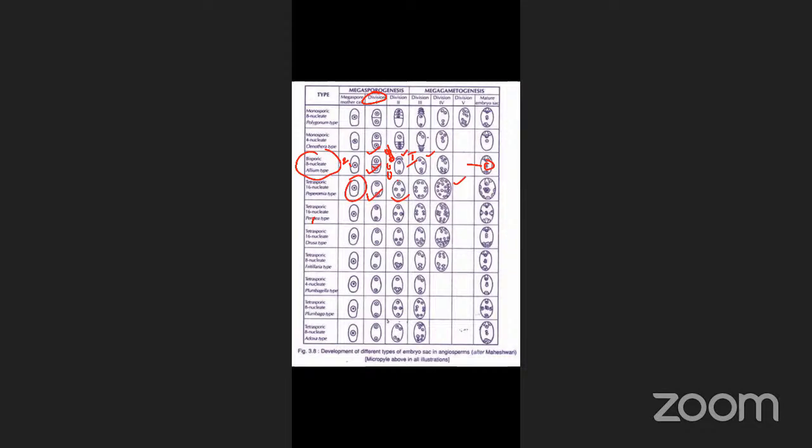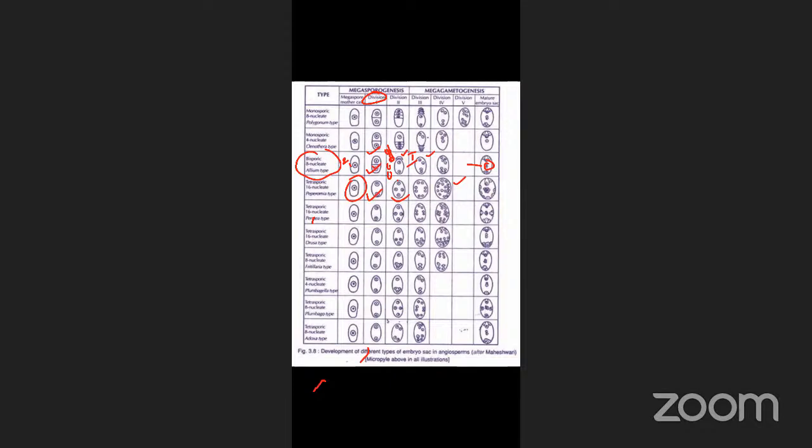Here eight and two is ten, the remaining six are antipodals. That is the Peperomia type. Penaea is also the same, Drusa also the same, but Fritillaria has eight nuclei, Plumbagella four nuclei, Plumbago eight nuclei. The tetrasporic type Adoxa, that is eight nuclei.